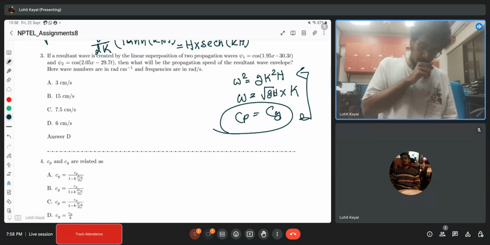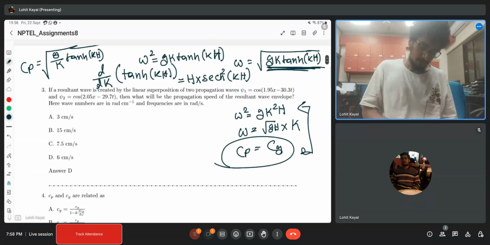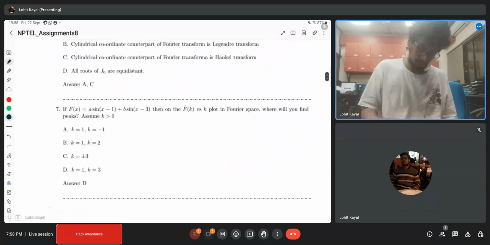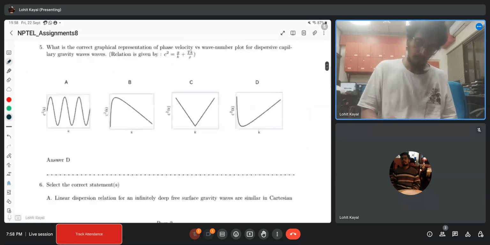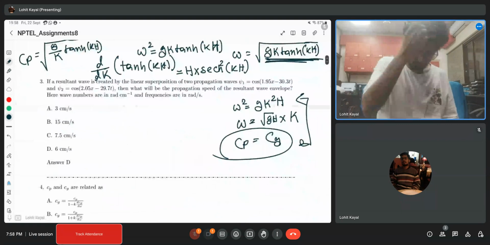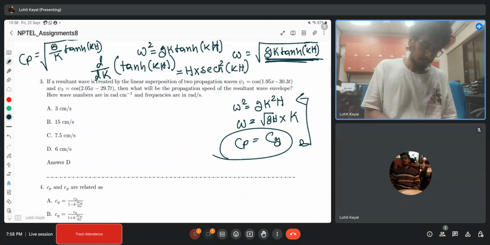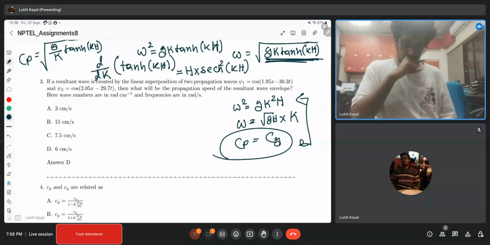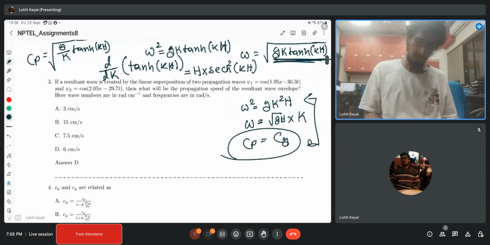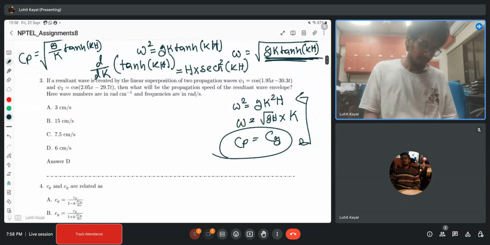All right. So now let's solve question 3. What we have in question 3 is that a resultant wave is created by linear superposition of two propagating waves.